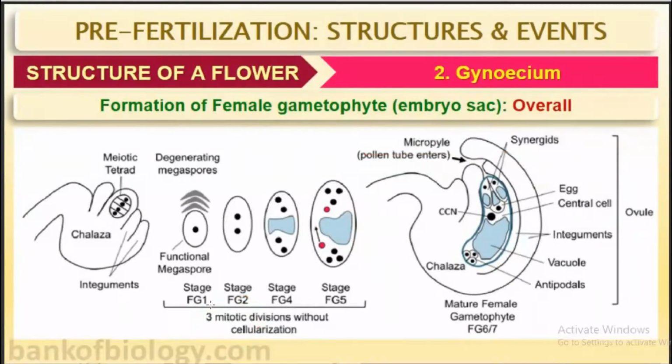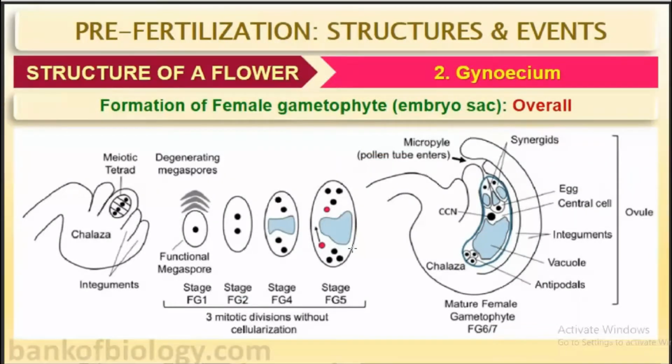Yes, you just go through this. The megaspore mother cell undergoes meiosis to form a tetrad. Out of these four, only one is functional. Then the functional megaspore gives rise to the embryo sac.